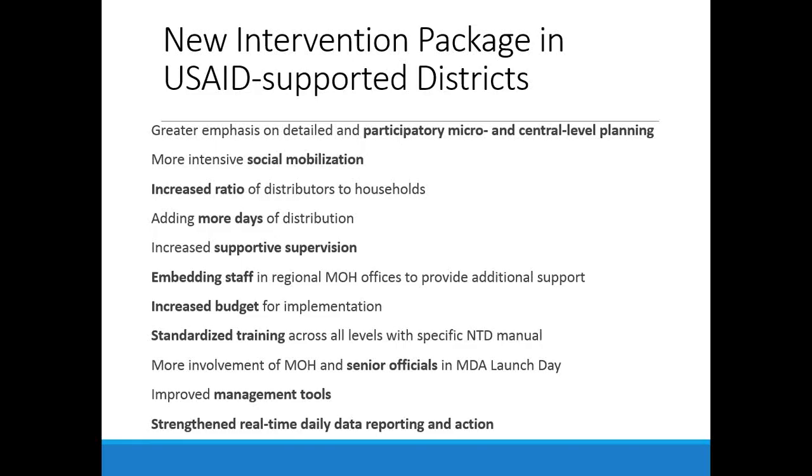We've put a greater emphasis on detailed and participatory micro and central level planning, and more intensive social mobilization by having a good message by the shelter, by having radio spots, TV spots. We have also increased the ratio of distributors to households.